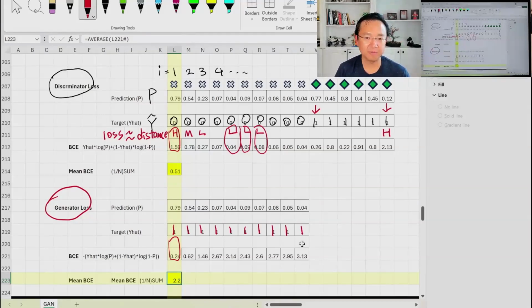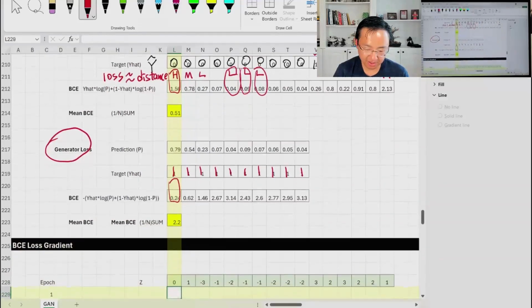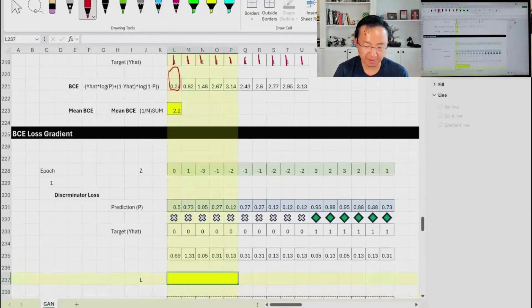It turns out that when you do the exponent and then take the natural log, things cancel each other out when we ask ourselves, what is the loss gradient? If the network output changes, how does the loss change as a result? So that's why I'm going to show you the loss gradient over here.